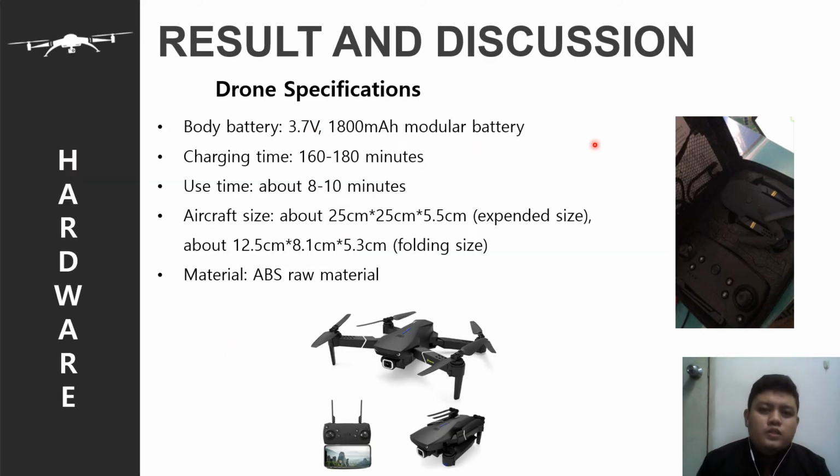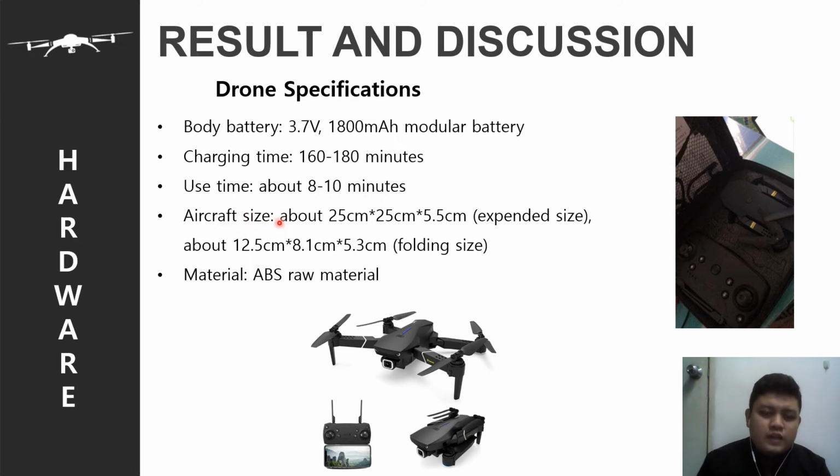Next, we move to the result and discussion. For the hardware, this is the drone specification. The drone body battery is a 3.7 volt and 1800 milliampere modular battery. Its charging time is about 160 to 180 minutes, but the use time is about 8 to 10 minutes only.